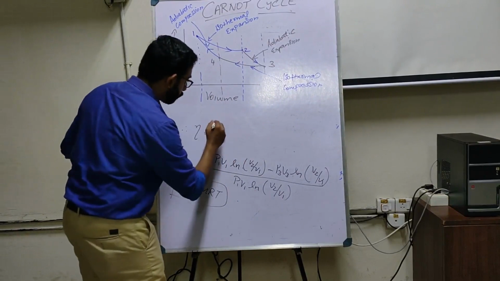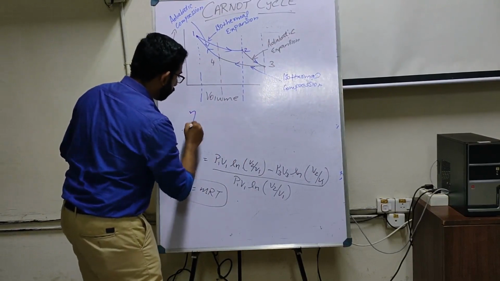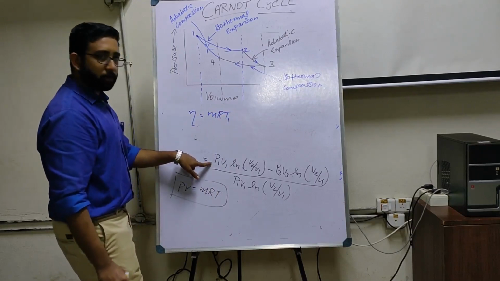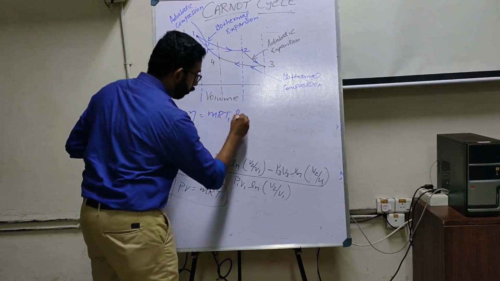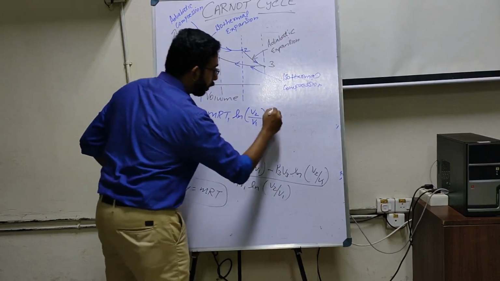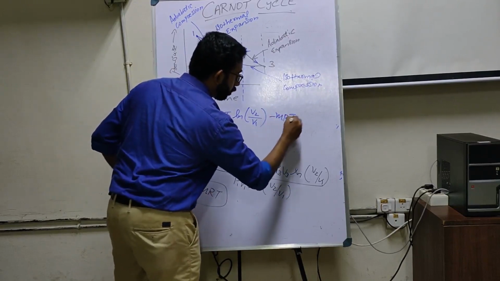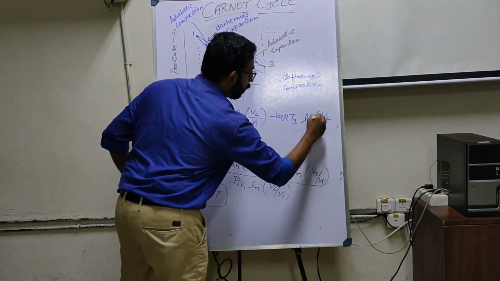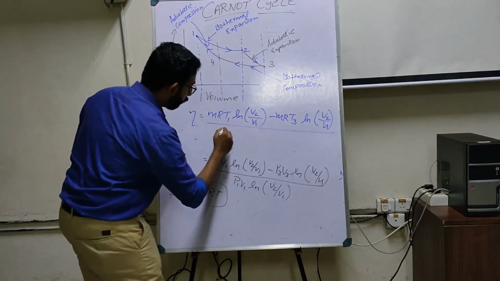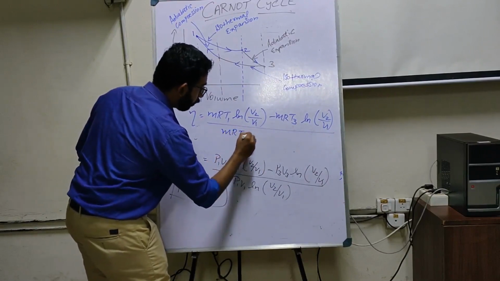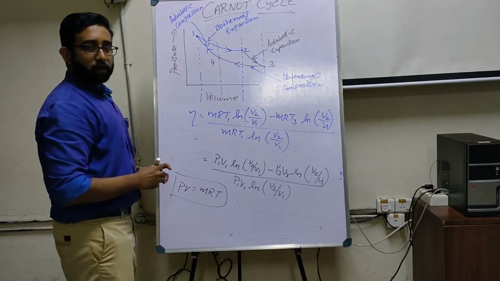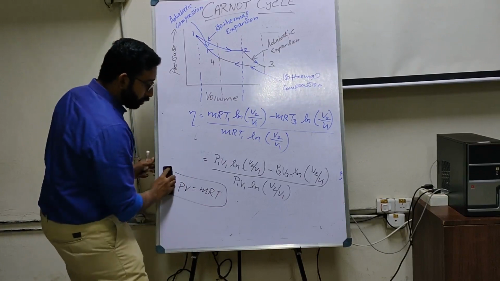P1 V1 can be written as M R T1. Since M and R are constants, the only variable will be temperature T1. Then log of V2 by V1 minus, P3 V3 can be written as M R T3 log of V2 by V1, whole divided by, again P1 V1 can be written as M R T1 log of V2 by V1. So the expression will be like this. Now I am rearranging the common terms.